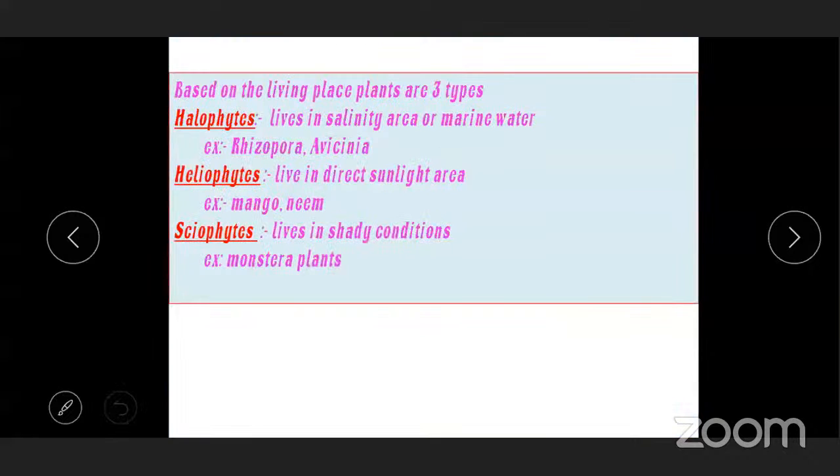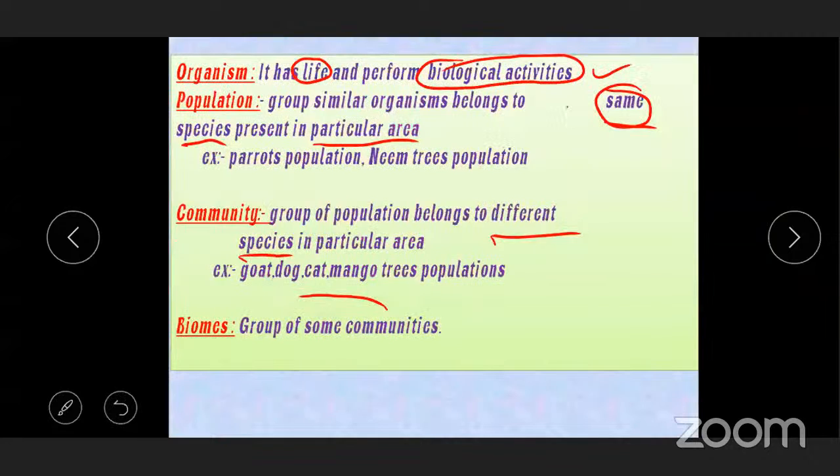Based on ecology dealing, there are two types of branches in ecology. How many branches are there? Two types: plant ecology and animal ecology.